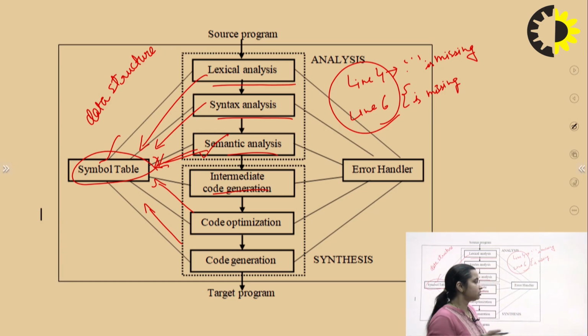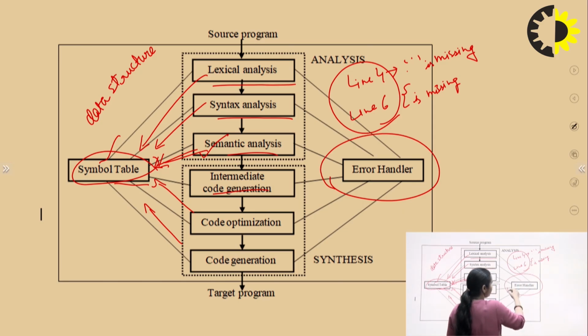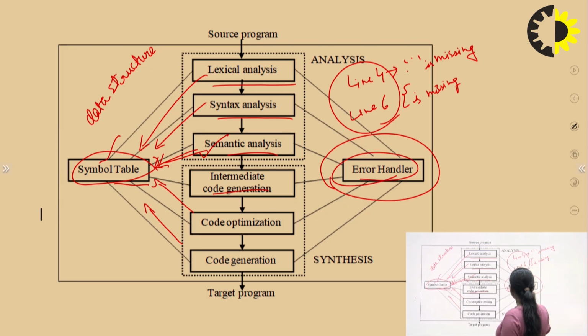So the symbol table is the data structure which stores all this. And the error handler is also connected with every stage. Why? Because we have to receive the errors also, and how these errors are handled is the error handler's job.